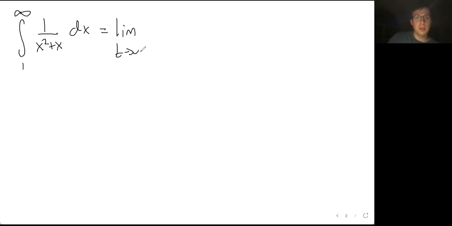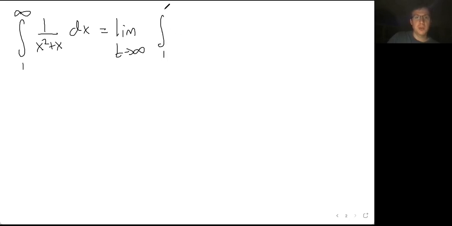which means we can go ahead and actually write down the improper integral. We just did the indefinite integral. So this improper integral of our function from 1 to infinity, well, improper integrals are limits.